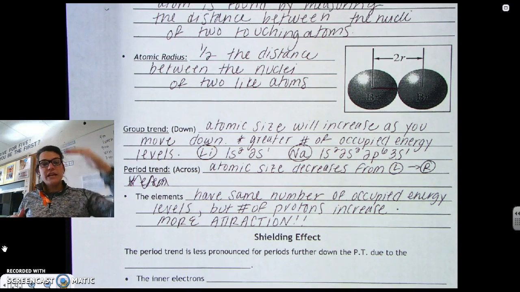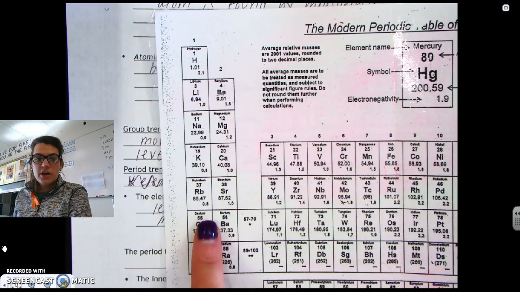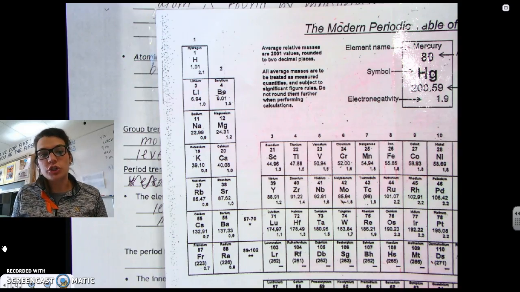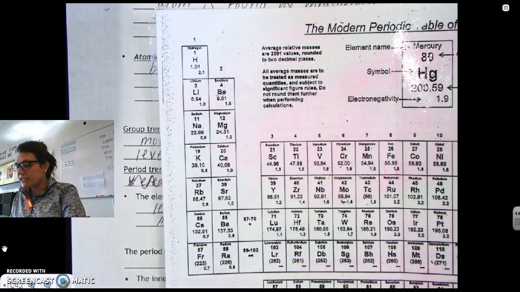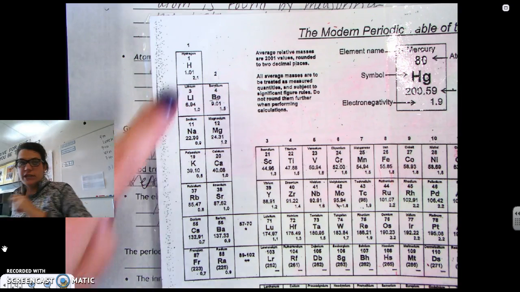Okay, so as I move down a group, so let's look at group 1, for example. As I go from hydrogen to francium, the size of my atom is going to get larger, okay? So francium is a much larger atom than hydrogen is, okay?